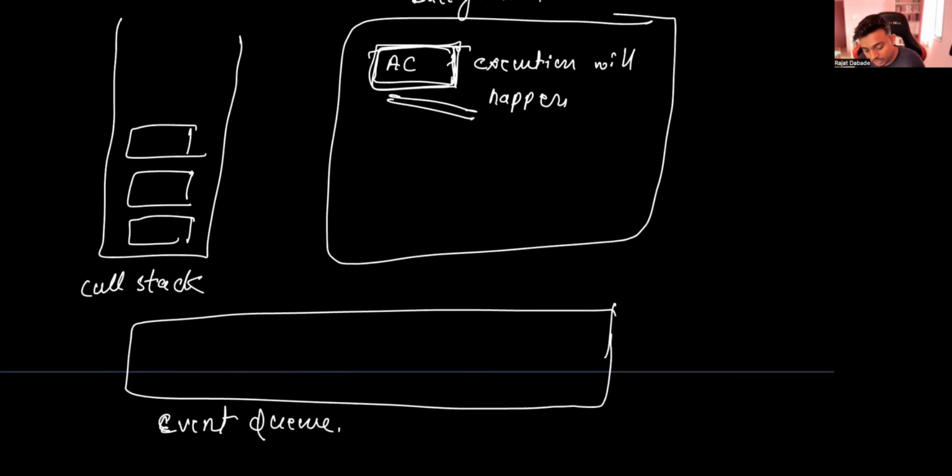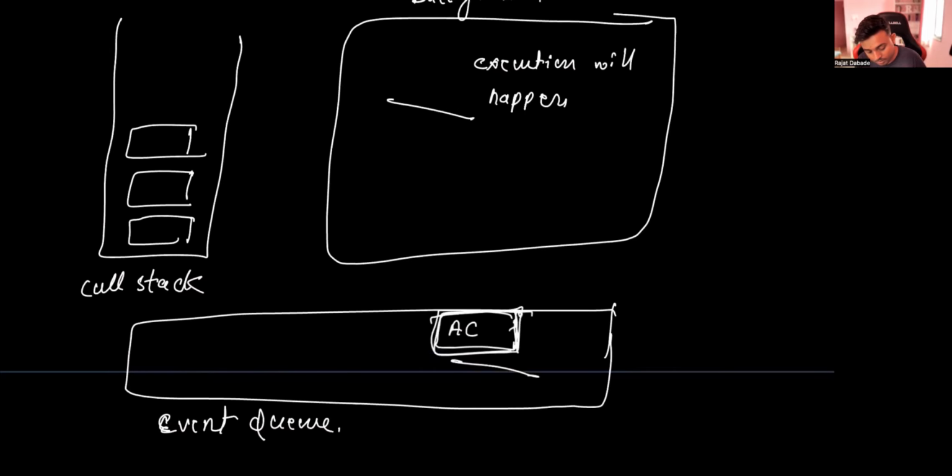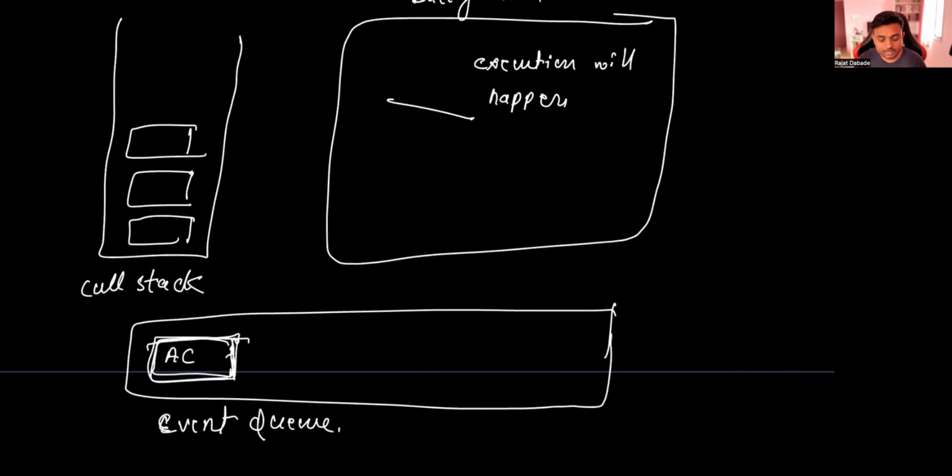So now this thing will move from here to here, and this is how the event queue comes into the picture. Whenever the response of any asynchronous operation is ready, it will send it to the event queue. And now the event queue will be responsible for sending this data from the event queue to the callback.